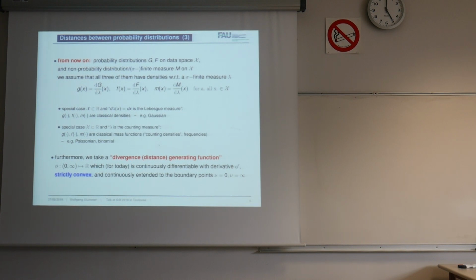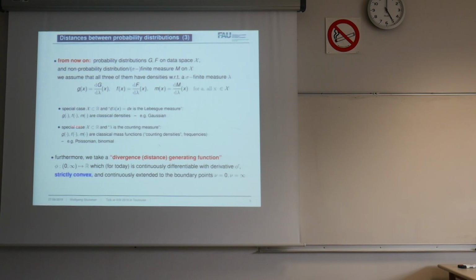But a non-negative measure. So the special case, if the reference measure is the Lebesgue measure, then they are plain ordinary densities. For M, they are not normalized, but here the total mass is 1 for G and F. So just classical, think of Gaussian and maybe non-normalized Gaussians.